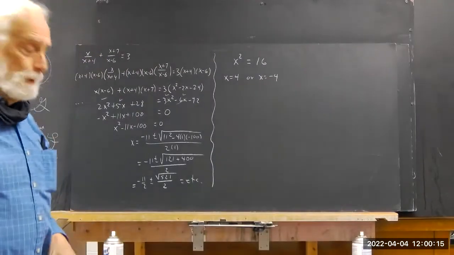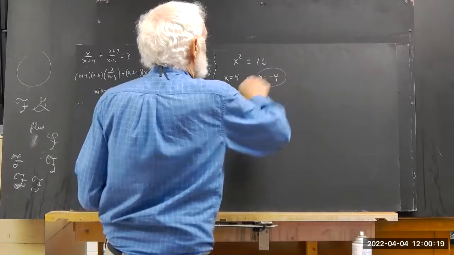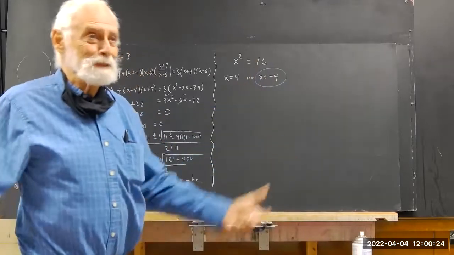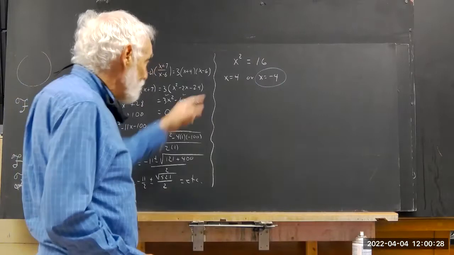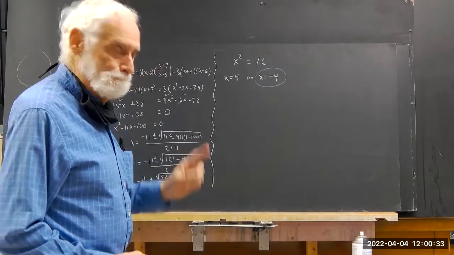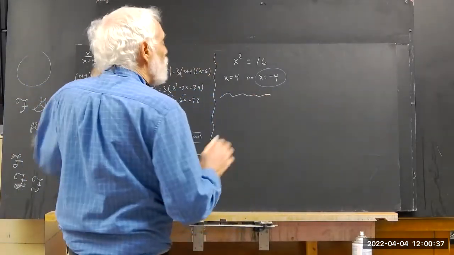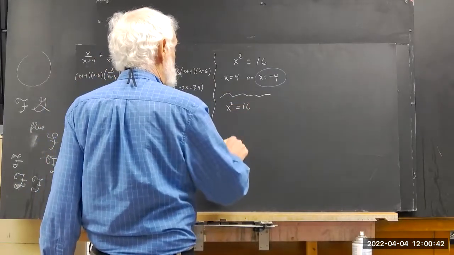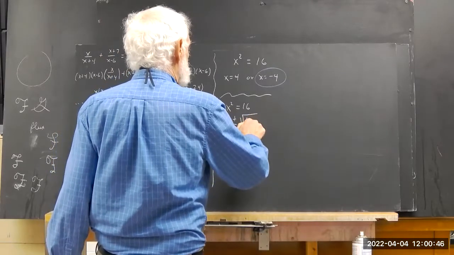And this is the part that almost everybody misses. Again, because it's so obvious that you get 4, everybody gets that. That was easy. I'm done. Nope. You've got to have negative 4. Fair enough? Good. Now, the way we formally solve this is x squared equals 16, so that x equals plus or minus the square root of 16.